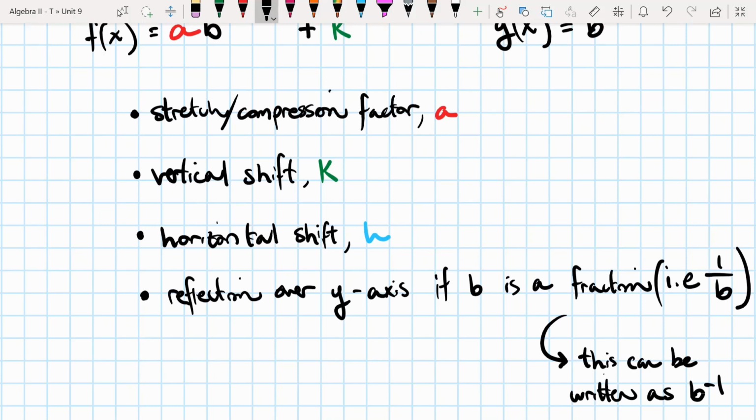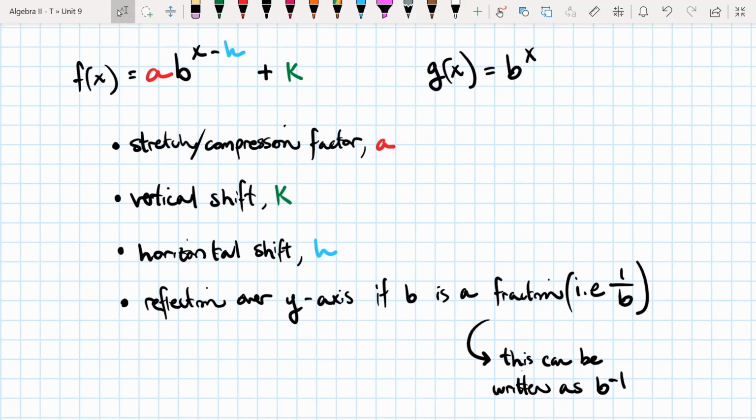And what that will do is it'll transform the function from an exponential growth function to an exponential decay function, or vice versa. Okay? These are the most important notes of the unit, the transformations of exponential functions.